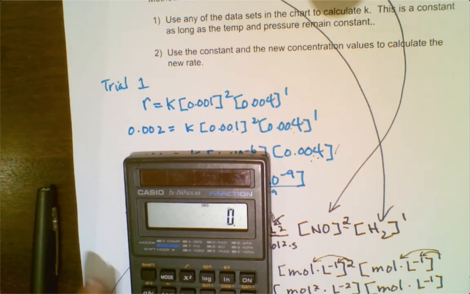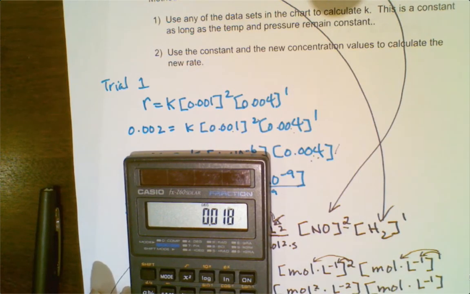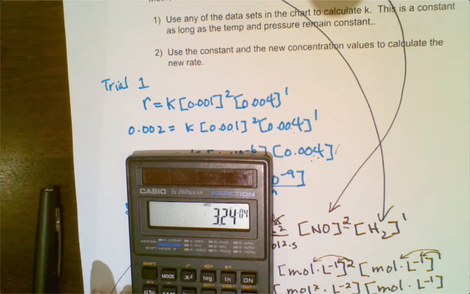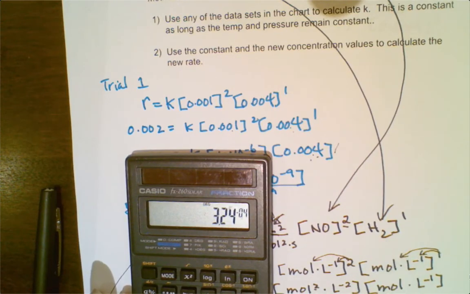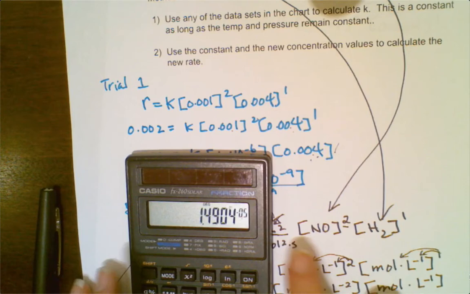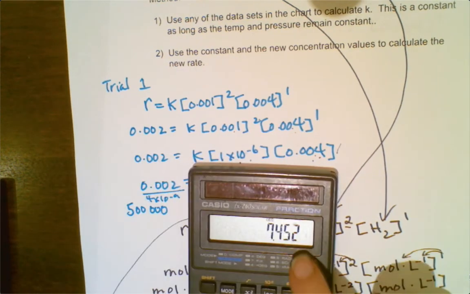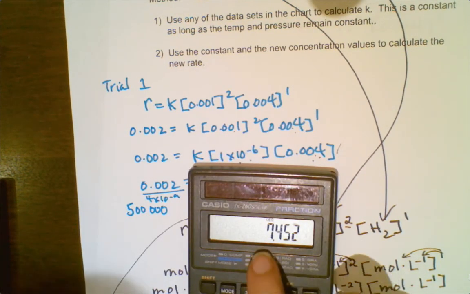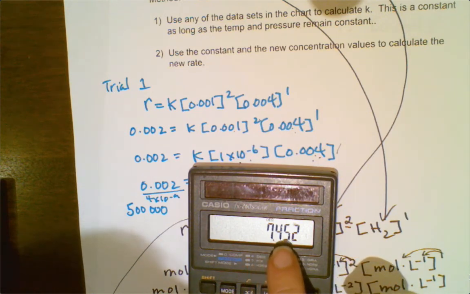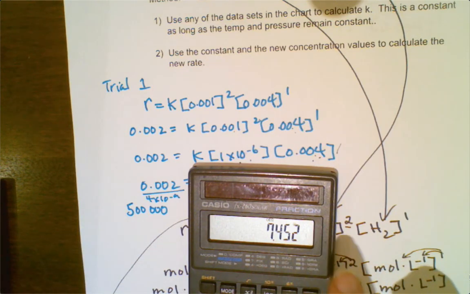So here, I have 0.018, and I'm going to square that value. I'm going to multiply that by the concentration of 0.046. I'm going to multiply that by 500,000. And there we go. What that is telling me is that the rate will be 7.452 moles per liter times seconds.